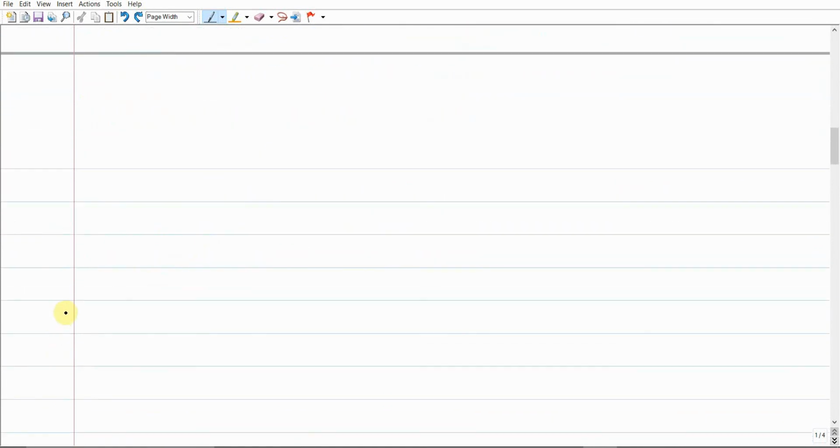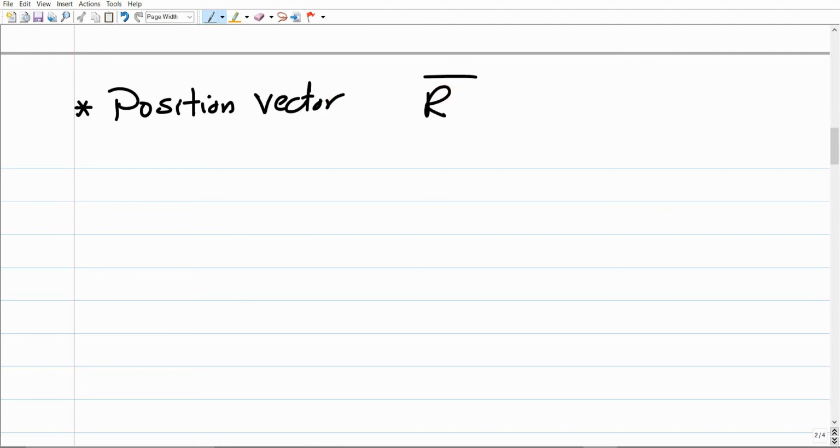So before we proceed deeply, let us fix some important points here. We agreed that we are going to represent the position vector in this form, r vector as r e to the power i theta, where r stands for the magnitude, which is the value of this vector.